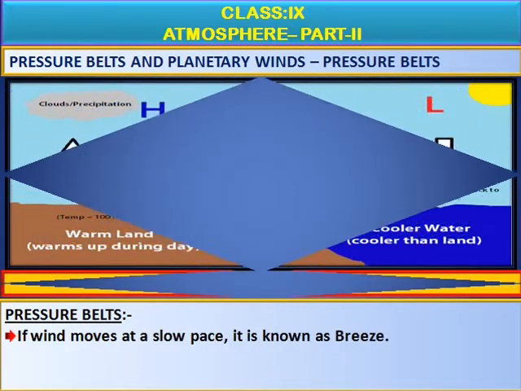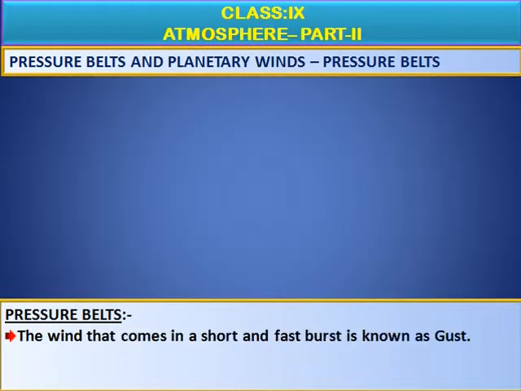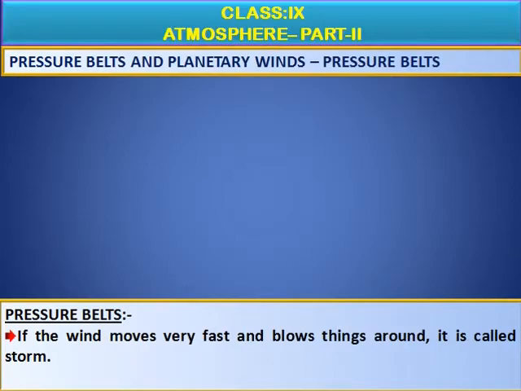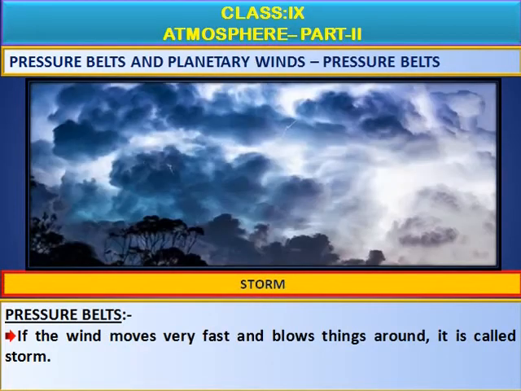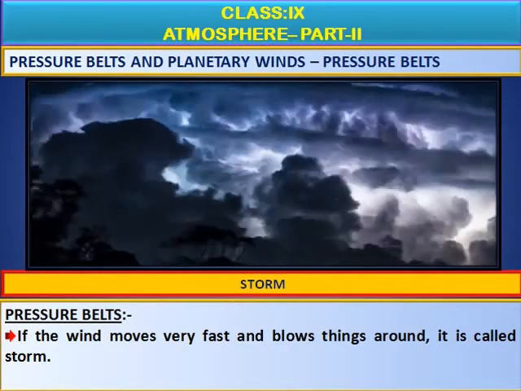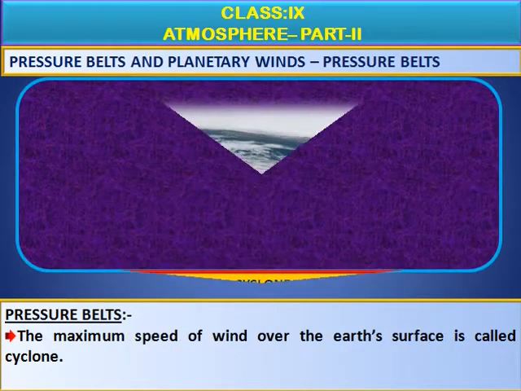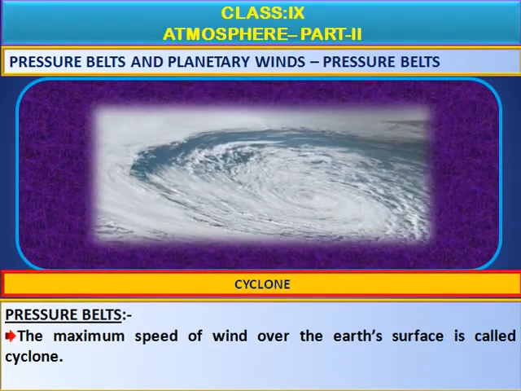If wind moves at a slow pace, it is known as breeze. The wind that comes in a short and fast burst is known as gust. If the wind moves very fast and blows things around, it is called storm. The maximum speed of wind over the Earth's surface is called cyclone.